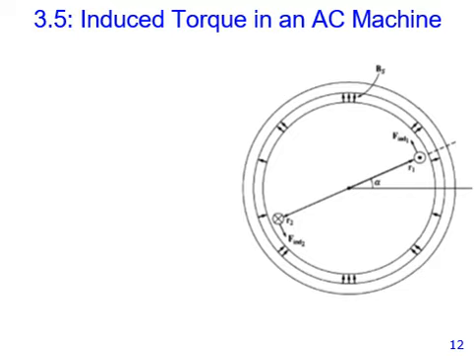As you can see, there are two conductors. One conductor shows an induced force F induced 1, and the other shows F induced 2. So we will find the force and torque separately.